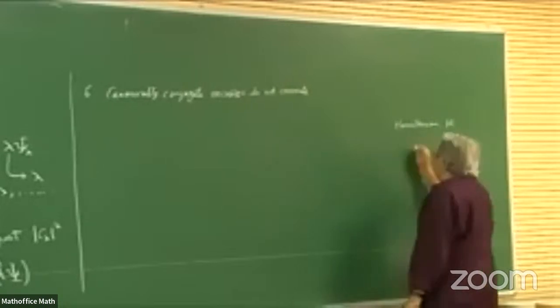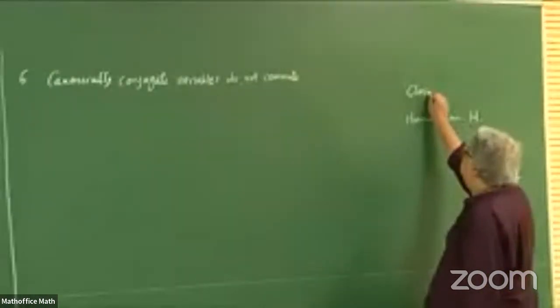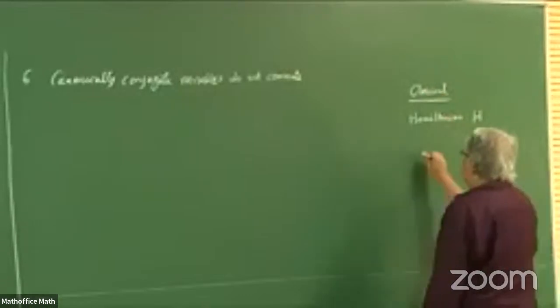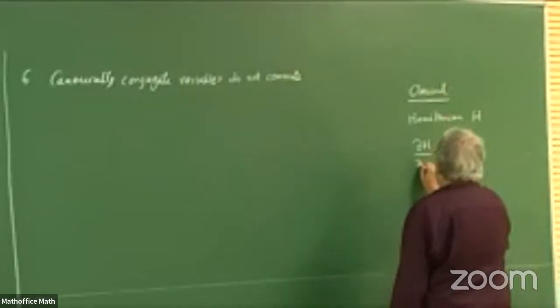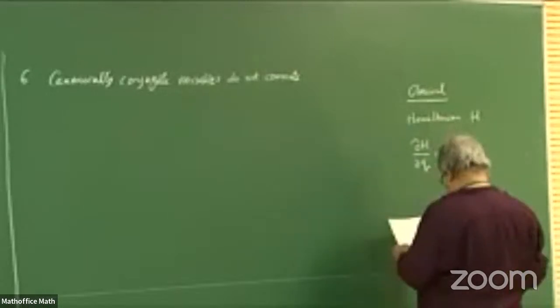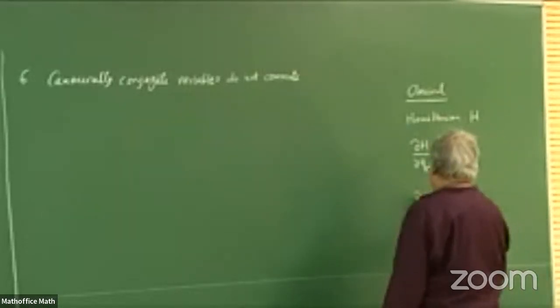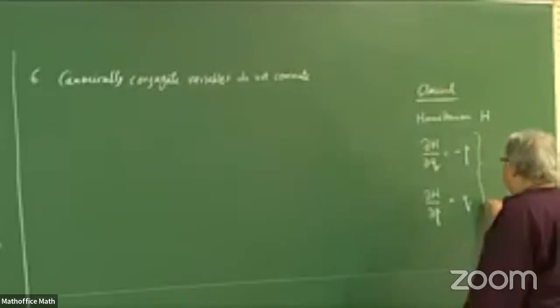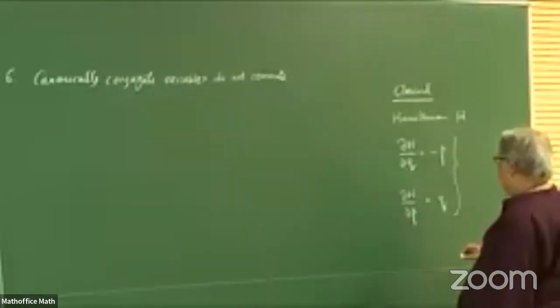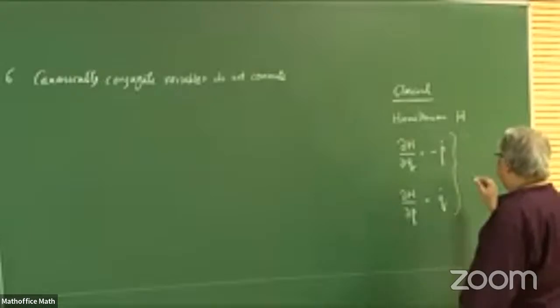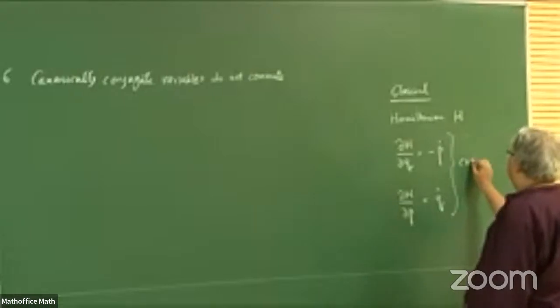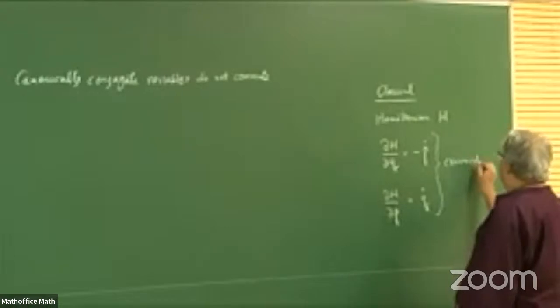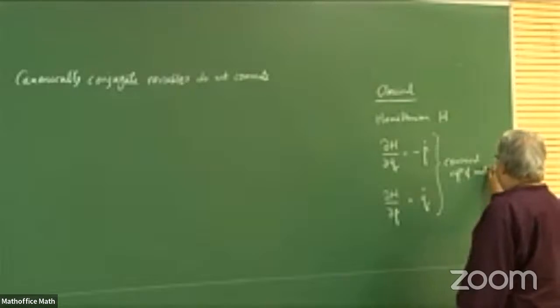We work in terms of classical mechanics, and you have the Hamilton equations of motion: del H over del Q equals minus P dot, and del H over del P equals Q dot. If this is satisfied, these are the canonical equations of motion, and Q and P are canonically conjugate.